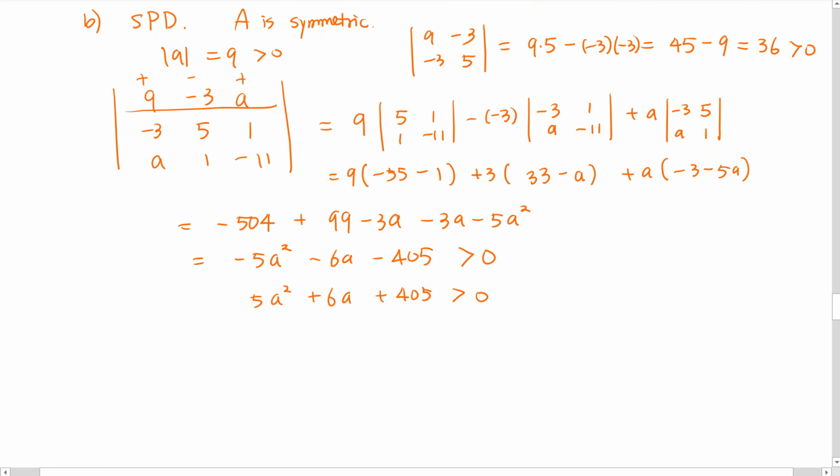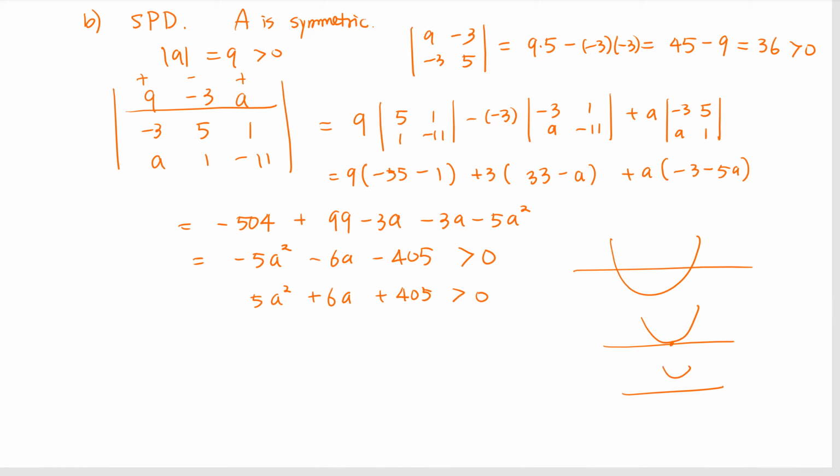Here, this is a parabola and it's opening up, right? This is a parabola opening up, and usually in this case, how do we determine whether there is one solution or no solution? Okay, we use the quadratic formula. We also check the discriminant. The discriminant is b squared minus 4ac.